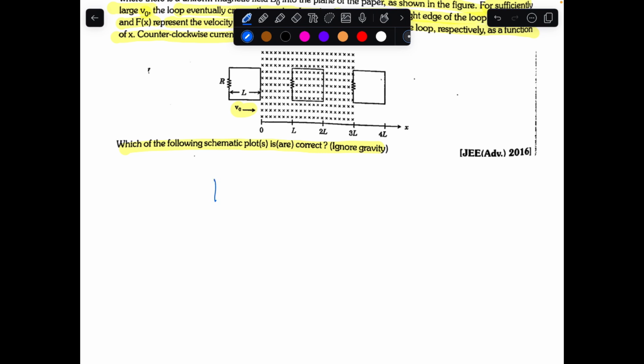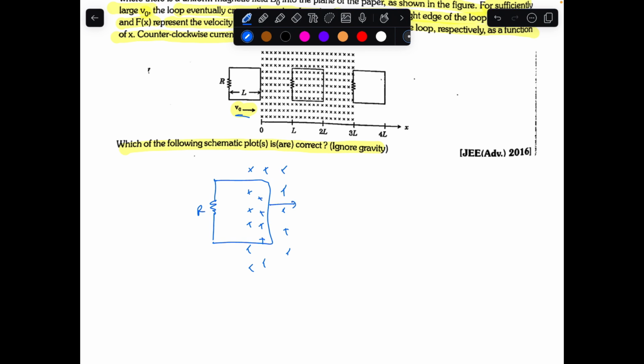So here there is a resistance R in the loop. This loop is entering into the magnetic field. Initial velocity was v naught. At any time when it enters the field, what will happen?